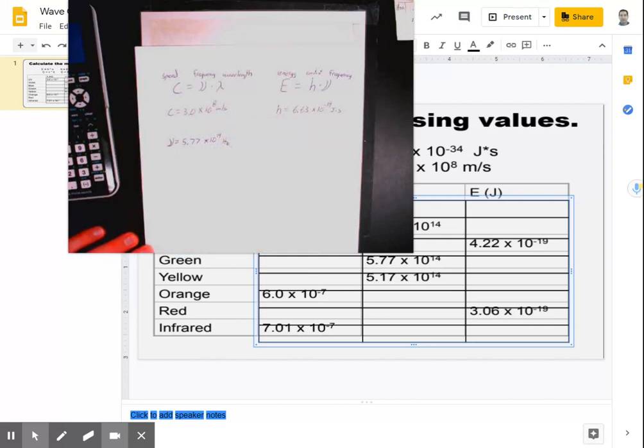Now, from that, we want to know two things. We want to know the wavelength, which will be the space on the left, and we want to know the energy, which will be the empty space on the right. So if we want to know the wavelength from that, then we got to find an equation that has these two things in it.